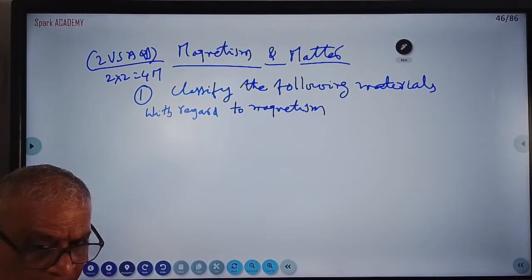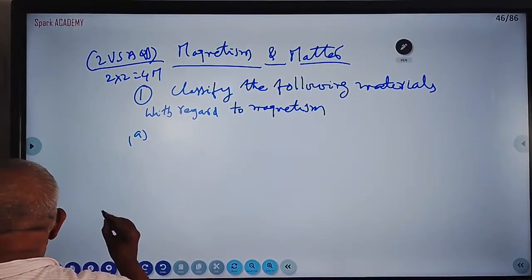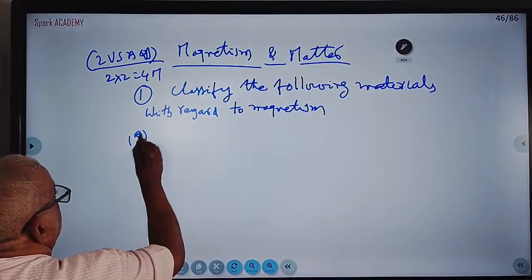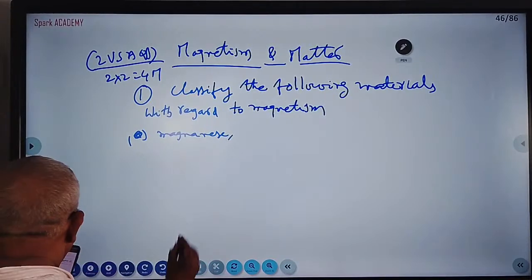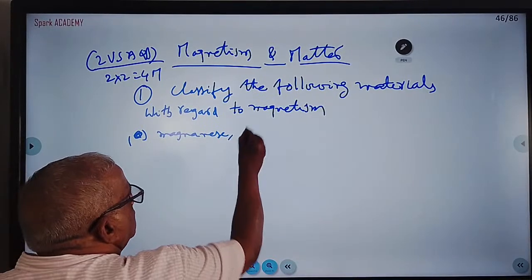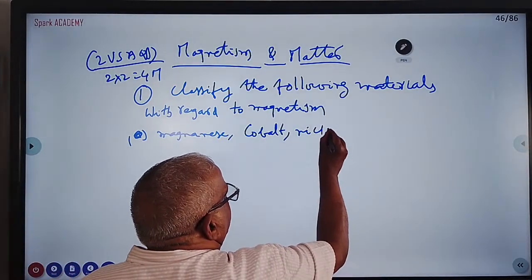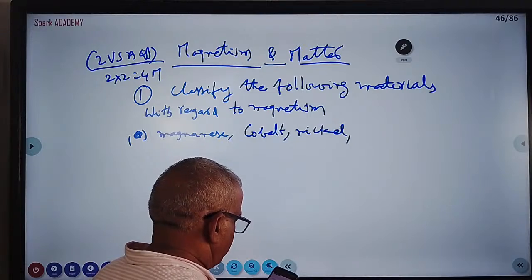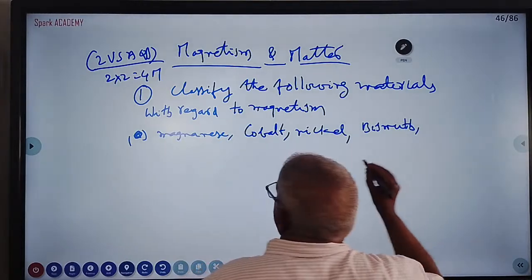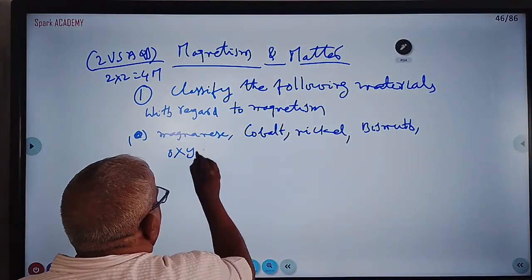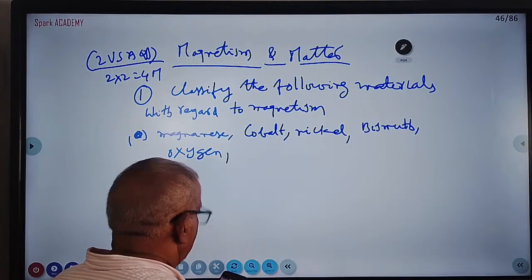Ferro, para, dia. What are the categories of substances? I am writing here: manganese, cobalt, nickel, bismuth, oxygen, and copper.